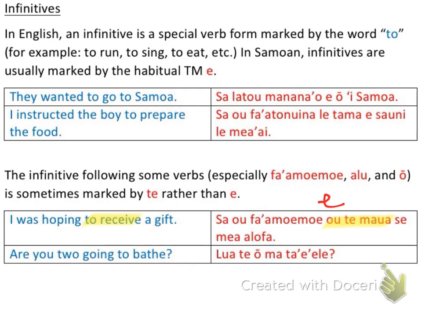You could say a maua, and then a'u. You could do that, and that just sounds a little funny. O te maua makes a little bit more sense, so that's the one I'm going to go with. And again, you can use that as long as you're using a descriptive pronoun. So moving on, a gift is se mea lofa.